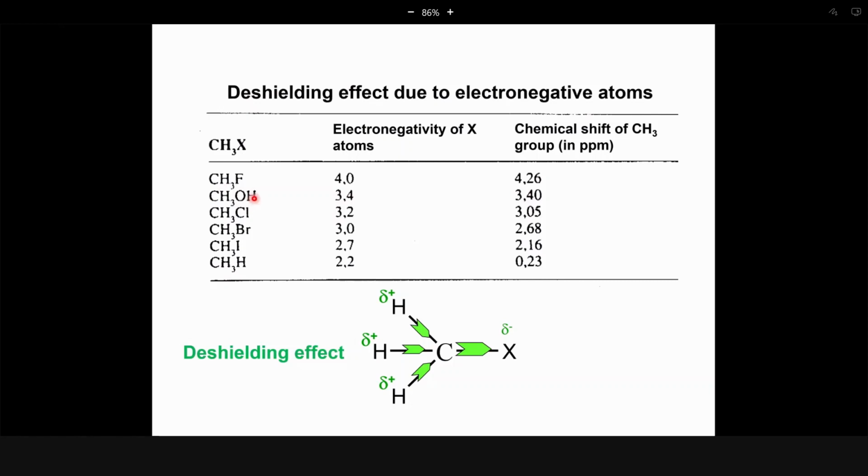So the de-shielding effect is due to the electronegative atom or chemical groups in the structure.